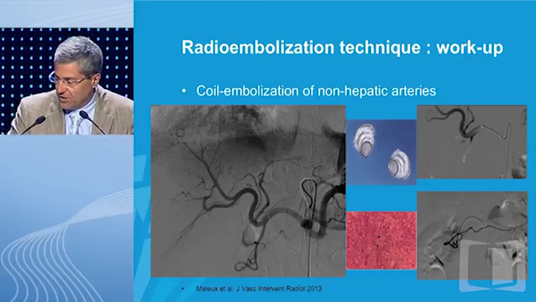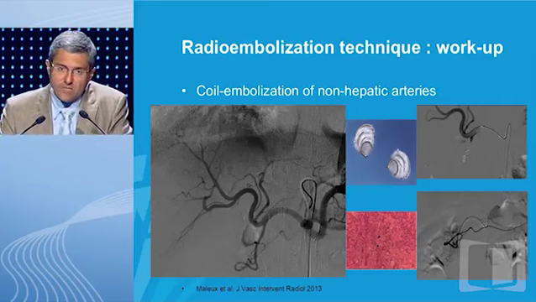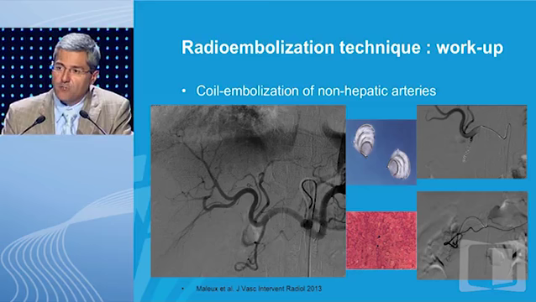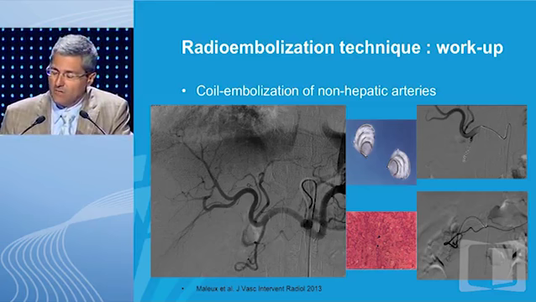So coil embolization is done mainly to reduce the risk of non-target embolization during the Y90, because in contrast to chemoembolization, when you have a non-target embolization with these radioactive spheres, the complication rate will be much higher.